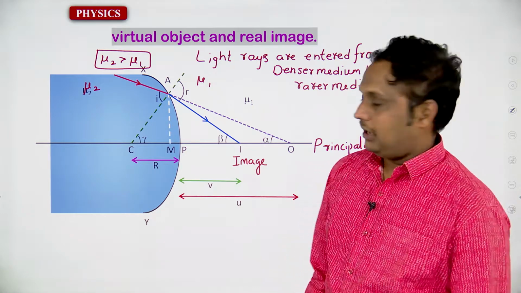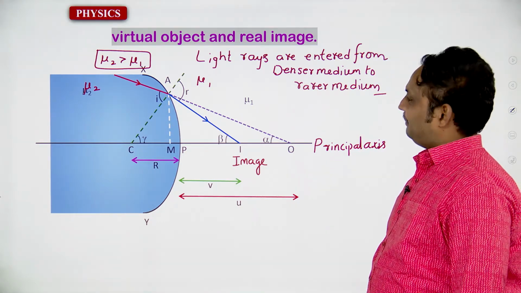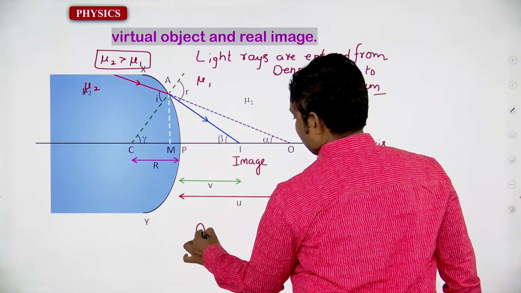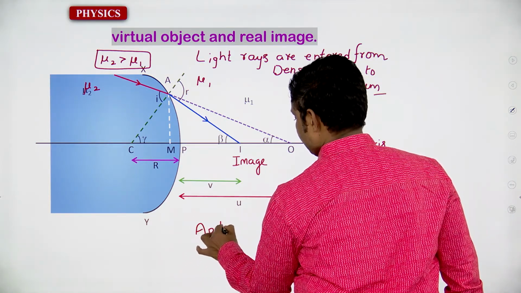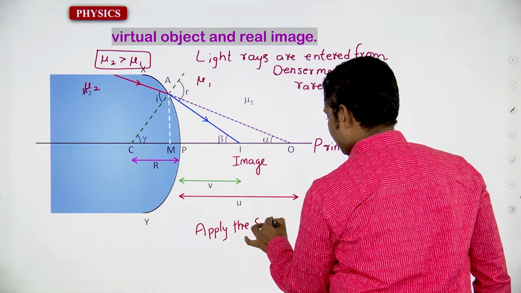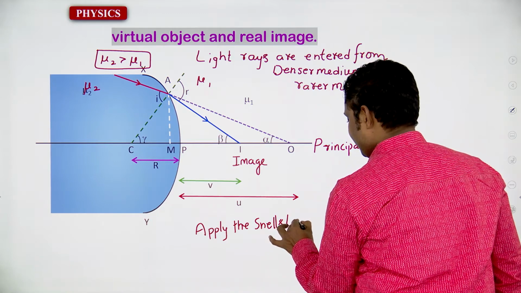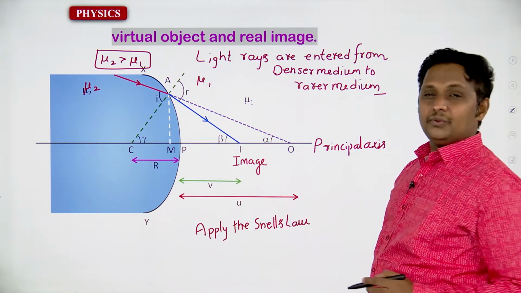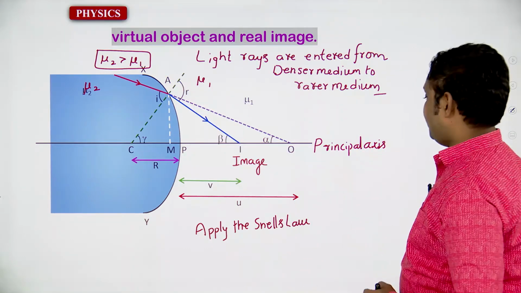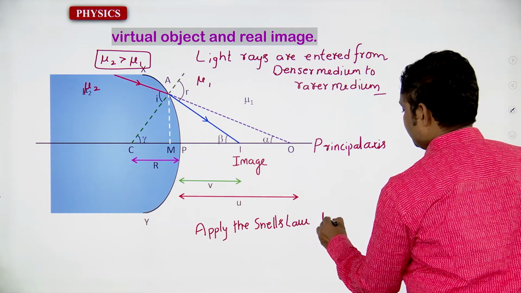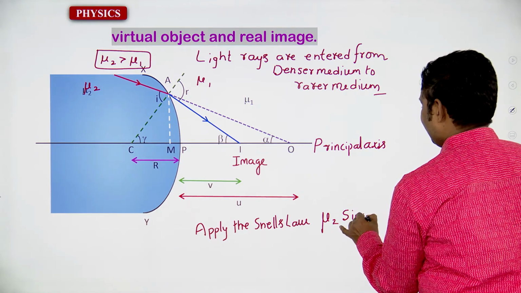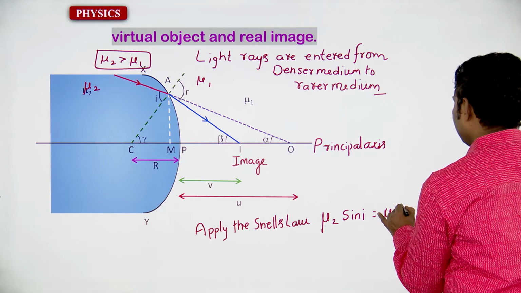All right. Okay. In the same sense, just apply Snell's law. Apply Snell's law for the denser to rarer medium. Yes, that's going to be mu2 sin i is equal to mu1 sin r.